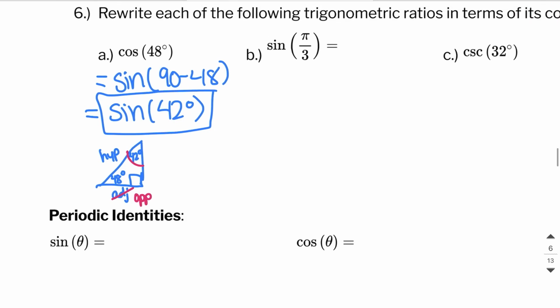Okay? All right, so now this one right here, the sine of pi over 3 is going to equal the cosine of pi over 2 minus pi over 3, right? Because again, this is like 90 degrees, so I'm doing 90 minus the angle. Get a common denominator.